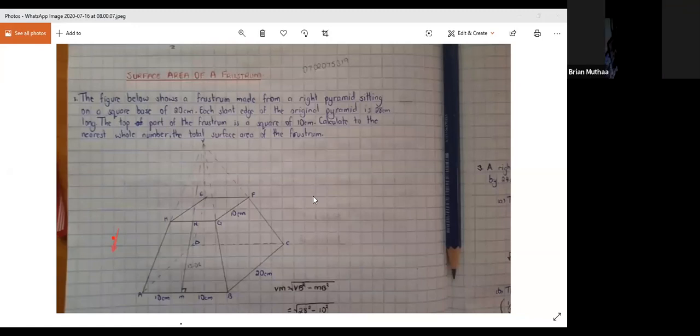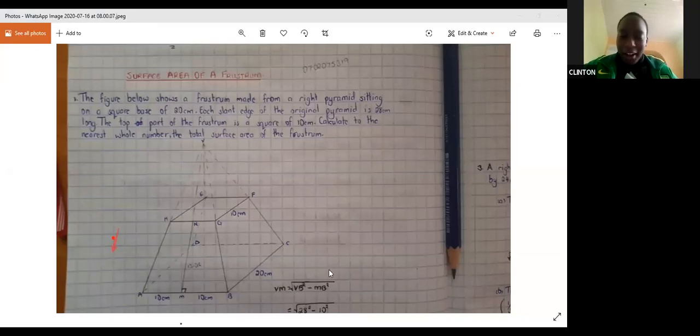Yes, ask. I've known how to get the area of the biggest triangle, but I've not known how you have gotten 13.08. Ah, hiyo ile small triangle.